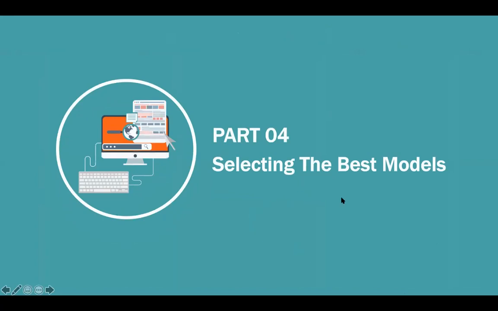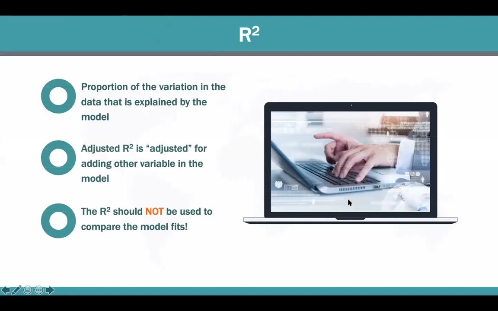So how do we select the best models? First, I need to introduce the concept of R square. Just as I mentioned before, some of you may not understand what the R square is. The R square ranges from 0 to 1. The closer it is to 1, the better our model is at making predictions.